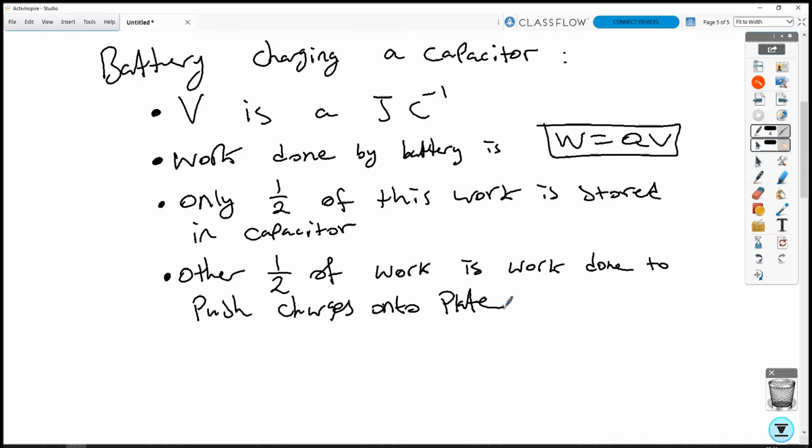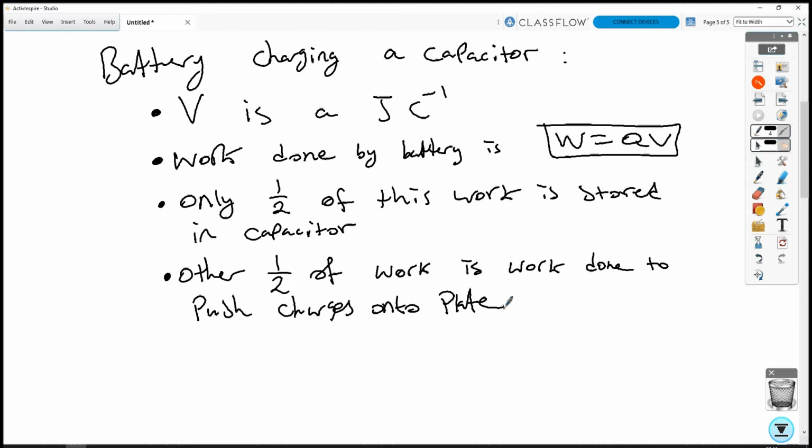So I want you to think about it like this. Imagine you've got the capacitor being charged by a battery. Once we've closed the switch, a potential difference starts to build on the capacitor. In the beginning, the only thing pushing charges is the battery onto the capacitor. But the capacitor very quickly, but gradually, builds up a potential difference as well.